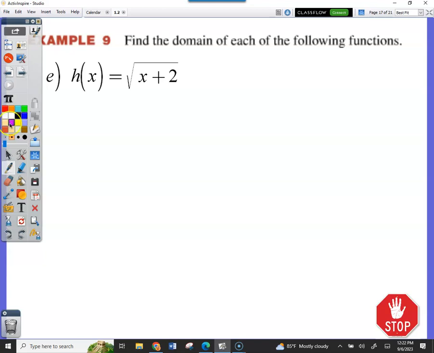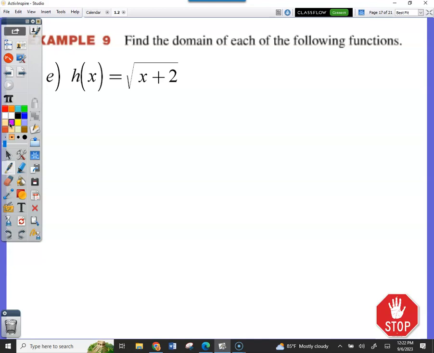So remember, getting back into the mindset from yesterday, we are checking the function to see what's the restriction. Is it like a fraction where you can't divide by 0? Is it an even root where you can't take the even root of a negative number? And then you're setting up the problem in order to find what's allowed in the domain.